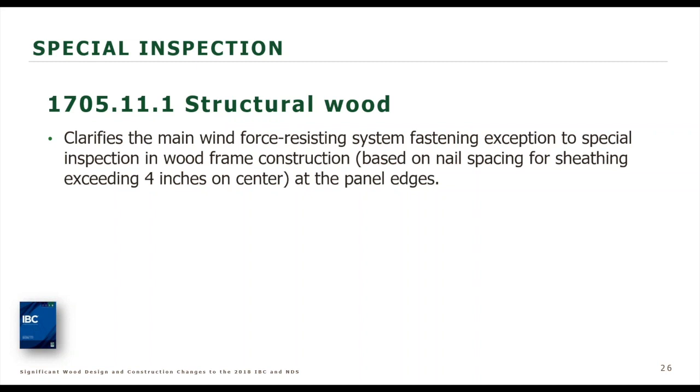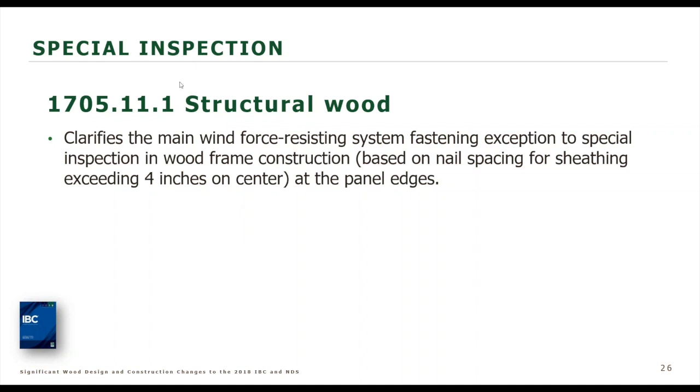Well, some could say that, okay, we have fasteners at 12 inches on center, so special inspection is not required. Well, that is not the intent of the code. It is the edge nailing, or the panel edge nailing. So now that's been clarified, and what it states is where specified fastener spacing at the panel edges is more than 4 inches on center, then special inspection is not required.